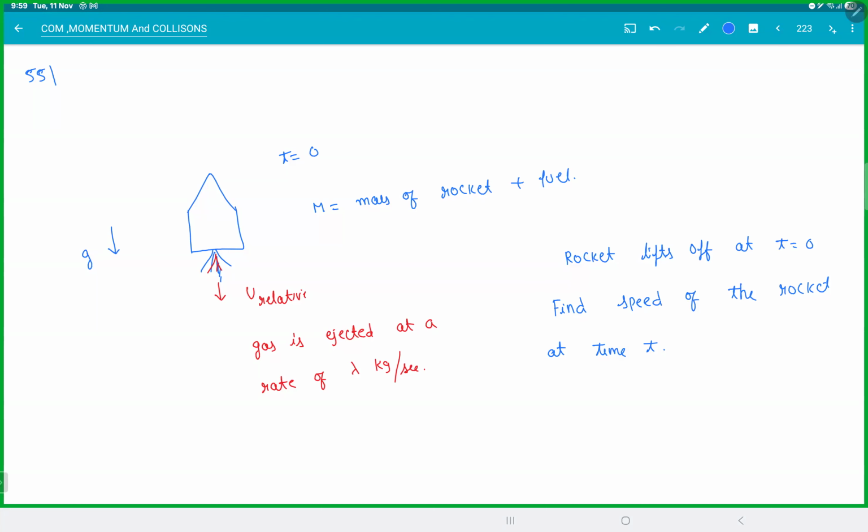This you have to indicate, everyone, because as you're going, mass is changing continuously, so your acceleration is changing.